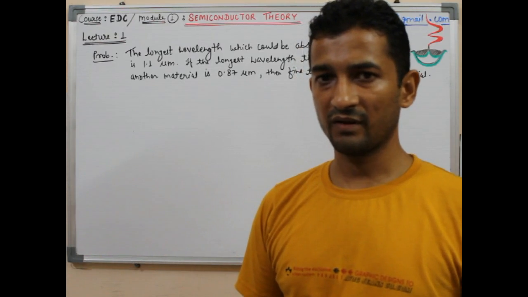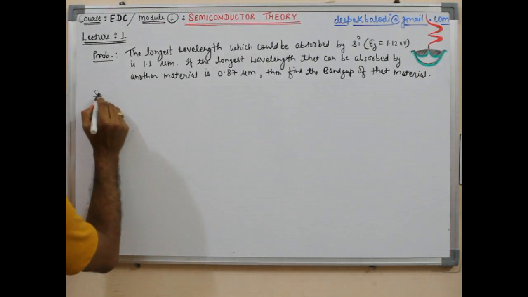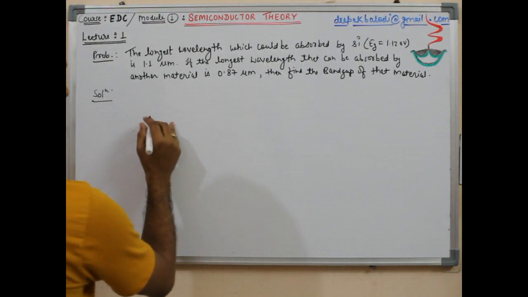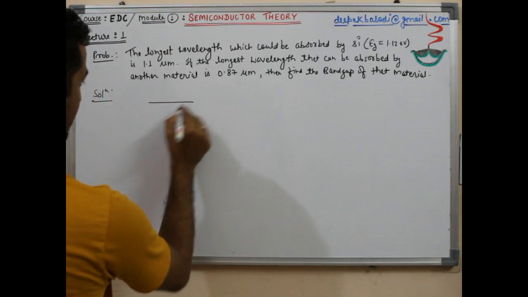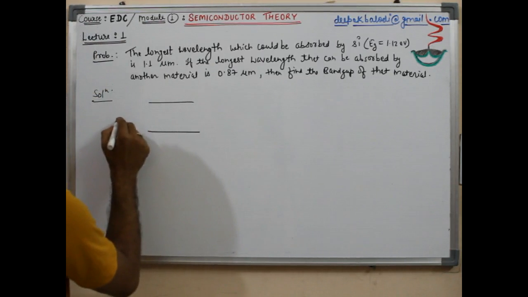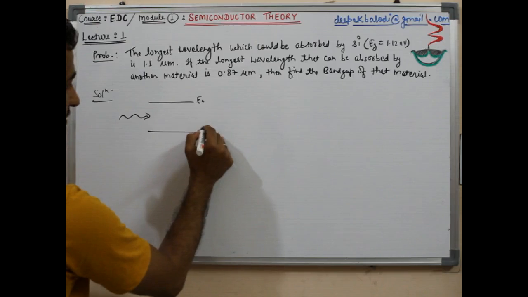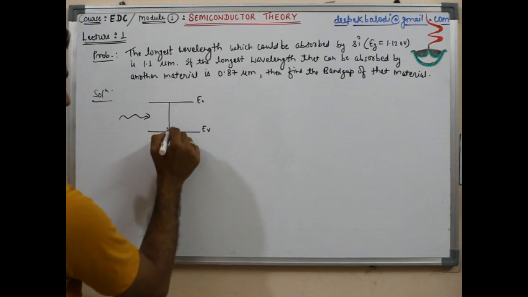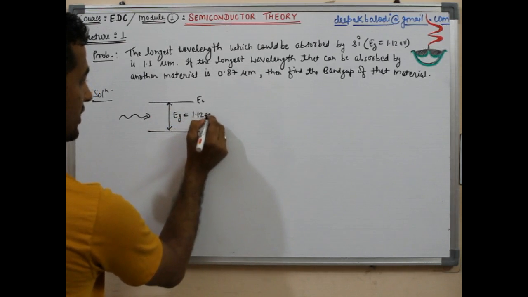It's very simple. We have seen in modern physics, with some prior knowledge, we all know that if the longest wavelength is absorbed by silicon, which has the band gap of 1.12 electron volts.